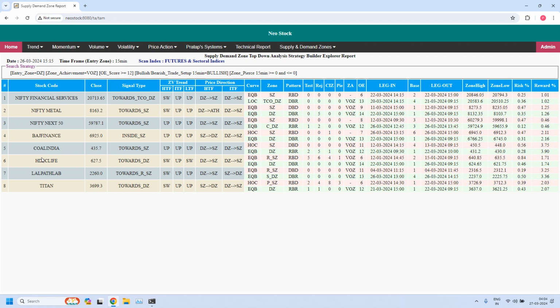Otherwise, we would not have taken today's Infosys trade. Even though it was successful, we would not have taken it because the RR is not good. But exactly at the border after adjustment we got it, that's why we took the trade.